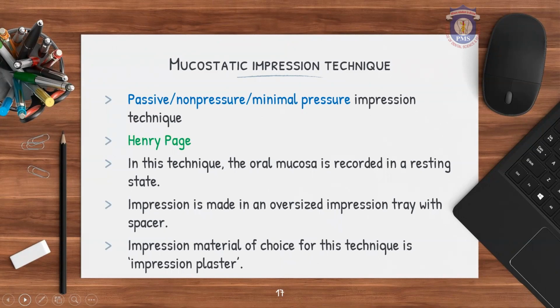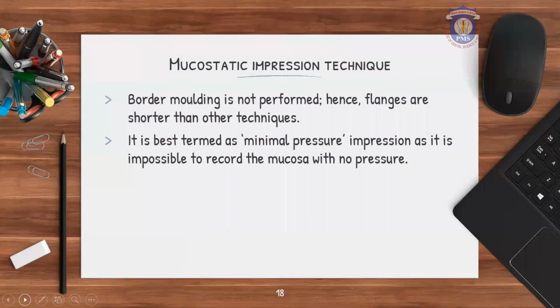Impression material of choice is impression plaster. Border molding is not performed here, hence the flanges are shorter than other techniques. It is best termed as minimal pressure technique, as it is impossible to record the mucosa with no pressure.